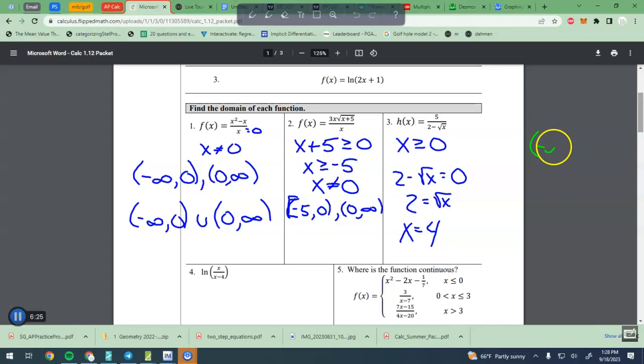So I'm going to say from negative infinity to 4, 0 to 4, 4 to infinity. So it has to be greater than or equal to 0, so 0 and everything above it, but I have to work around 4 because 4 is not okay.